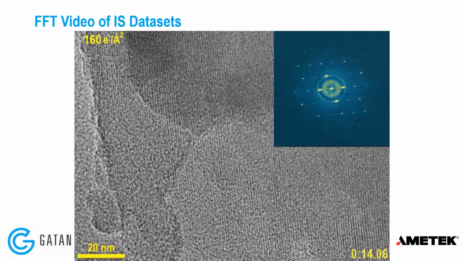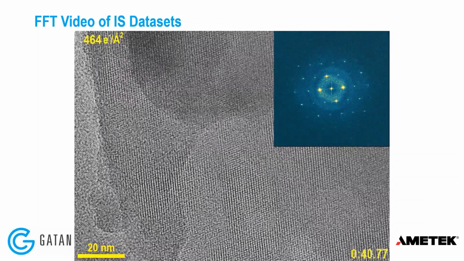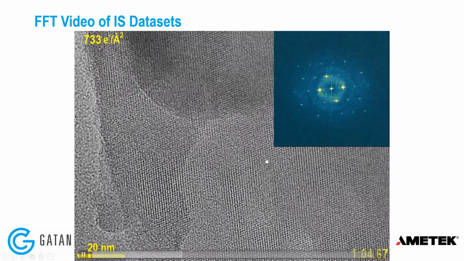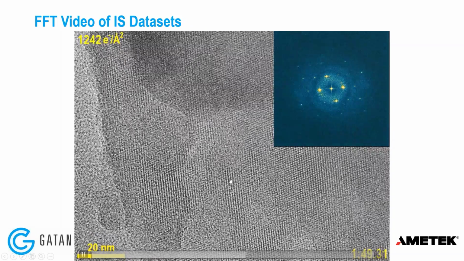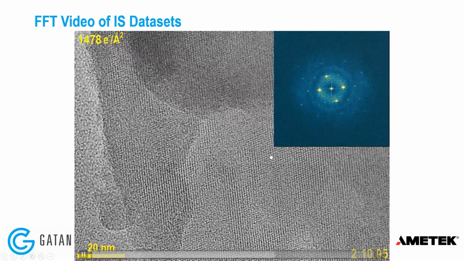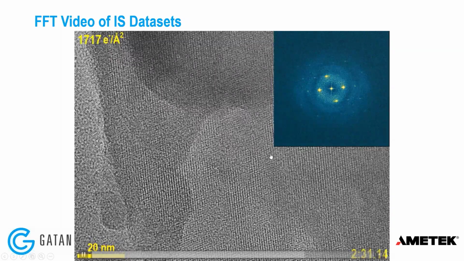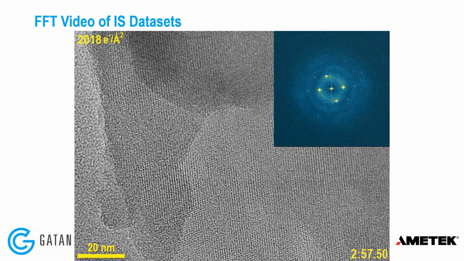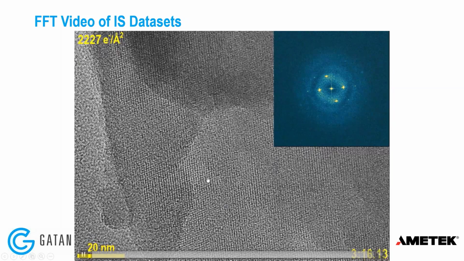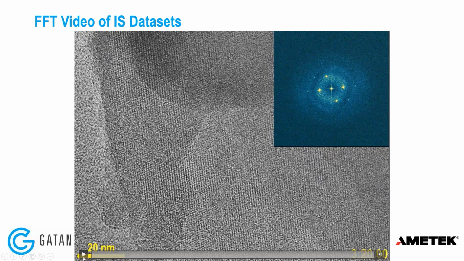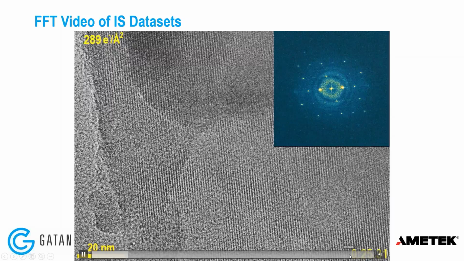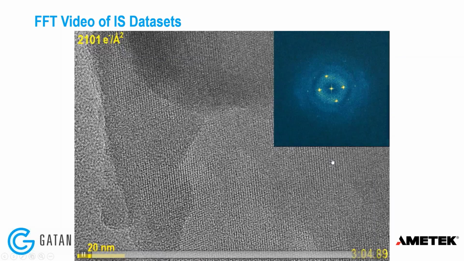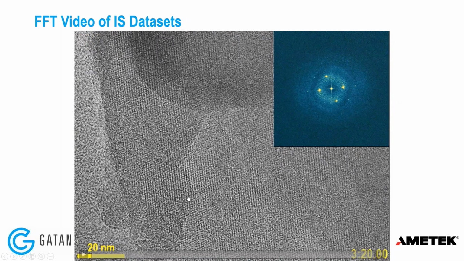Okay, so then we could do things with scripting like producing an FFT video from an in-situ data set, and then in video editing software, I can combine the FFT video with the real space video. And so for samples like this one, where we're seeing degradation over time and we're losing lattice fringes over time, that can be quite nice.